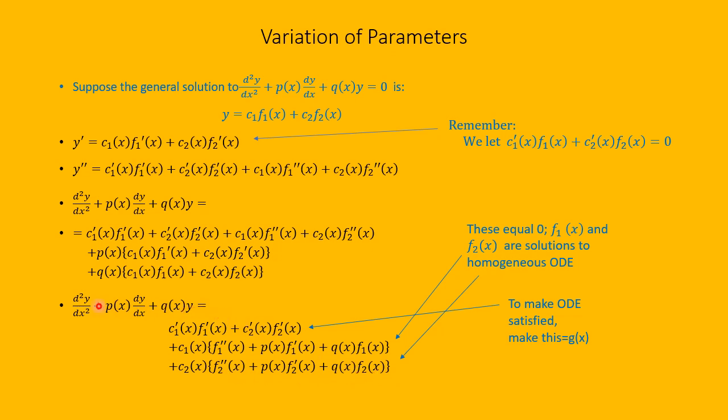So what we have is that this differential expression up here just equals C1 prime F1 prime plus C2 prime F2 prime. Well, we want this, remember, to equal g of x. So that's going to force us to have this first line of stuff, C1 prime F1 prime plus C2 prime F2 prime equal to g of x.